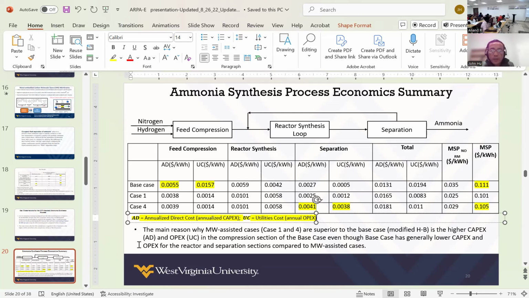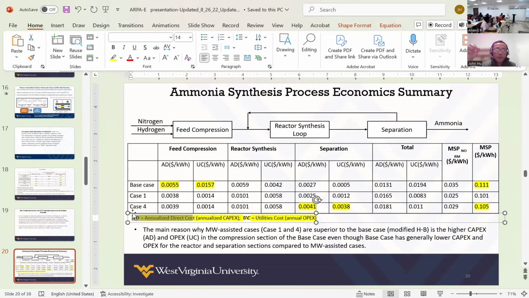Does everyone understand the annualized direct cost, which is the capital cost? Anybody understand? You understand, right? Okay. And the operating cost is very easy, the utility. For some of you, if you never learned this, the annualized direct cost is very difficult. But I try to simplify this for you. If you put so much money, $1 billion, after 10 years or 20 years, the value is gone.